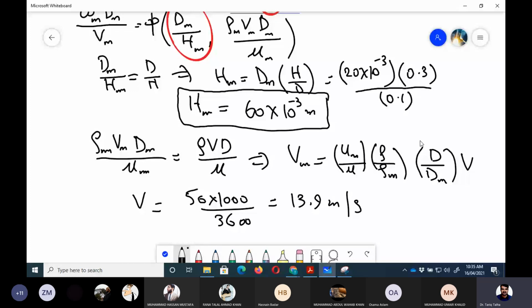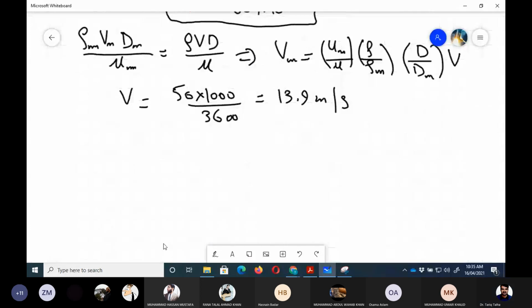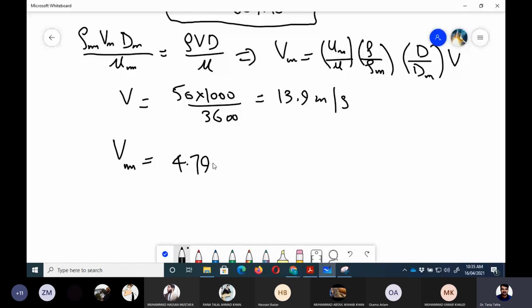So now if we put all these values, because we know d, d_m, ρ_m, and μ_m, μ, we can calculate the value of V_m. V_m comes out to be 4.79 meter per second.